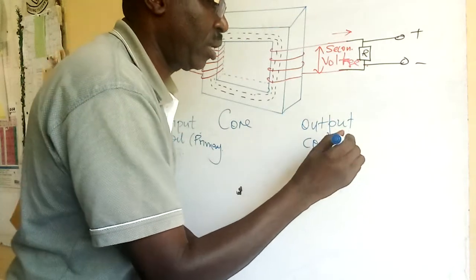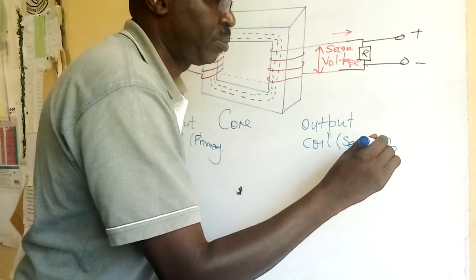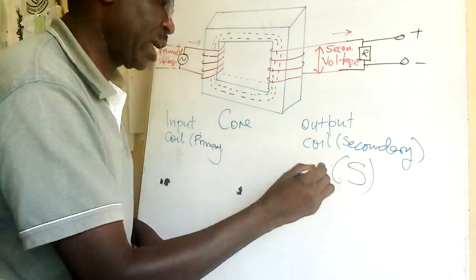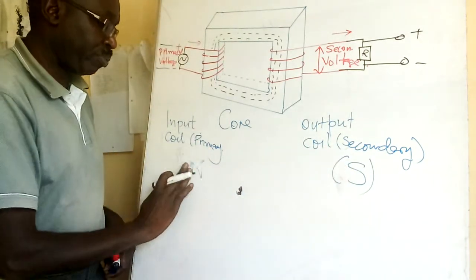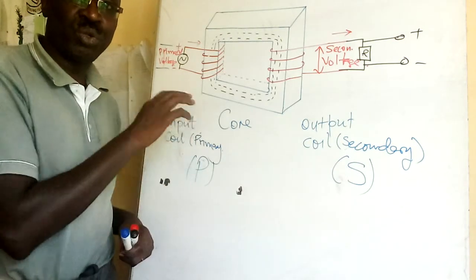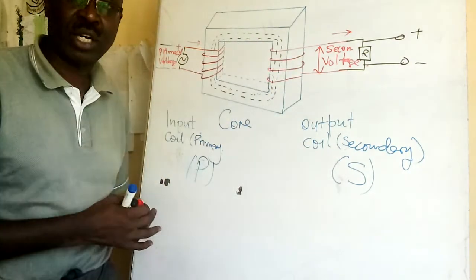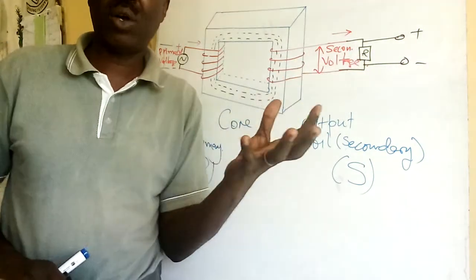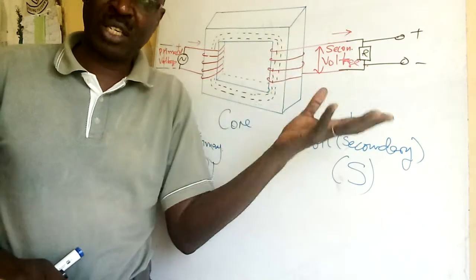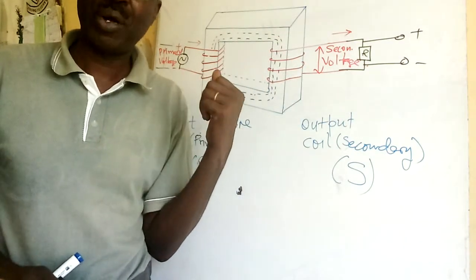So we can have here secondary. The letters S and P, when I use them, they should ring to you. This is the primary side, this is the secondary. This is a consumer, a device that will be using the product we are getting from the transformer.